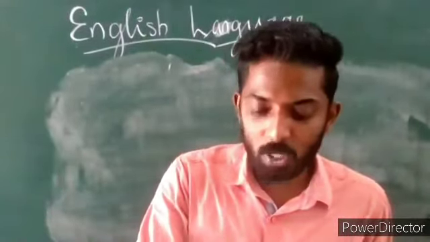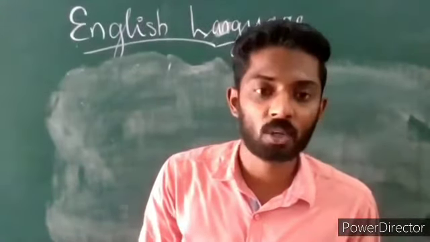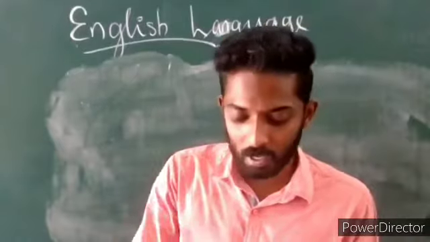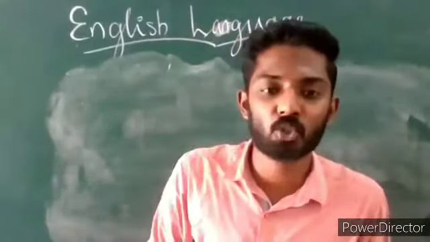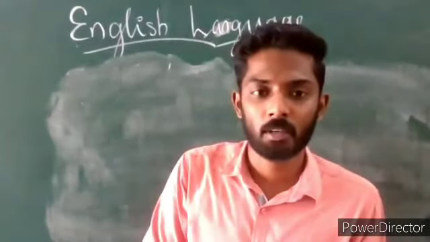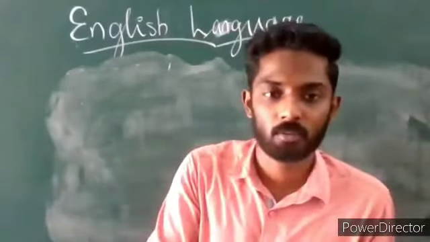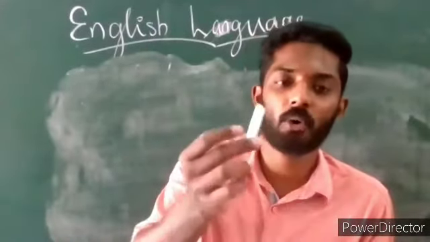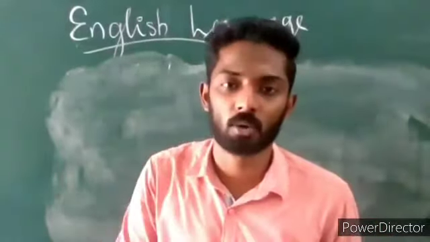The next one, verbs of possession, like own, belong, possess. I own this job. This job belongs to me. I won't be able to say I am belonging in this job, or this job is belonging to me. That particular sentence is wrong.